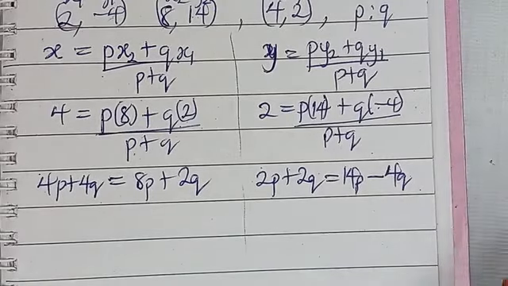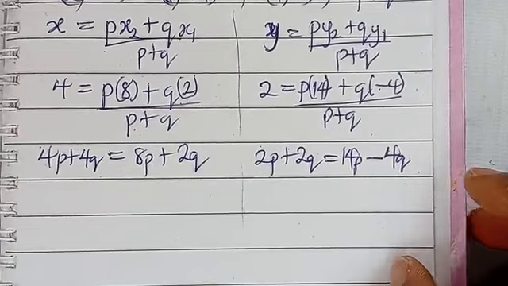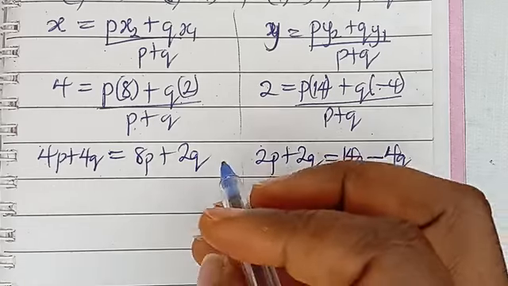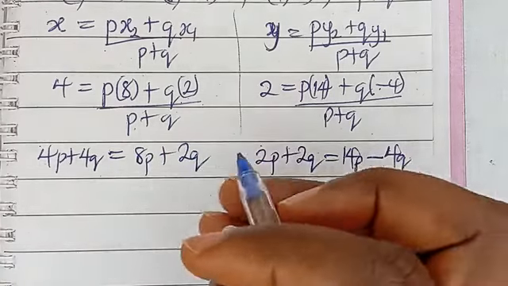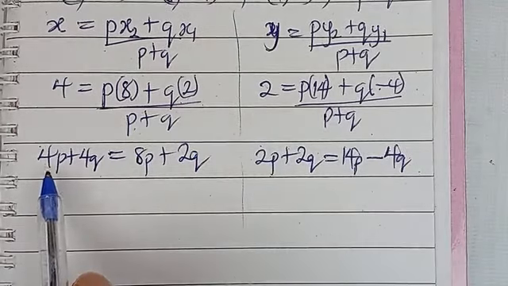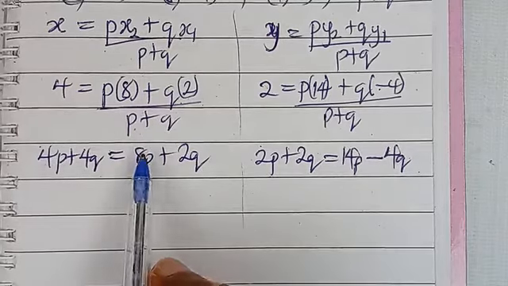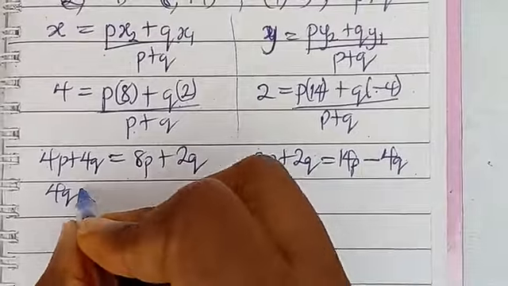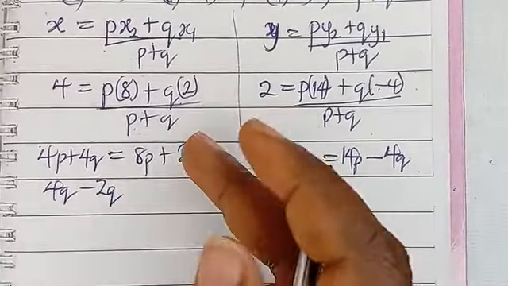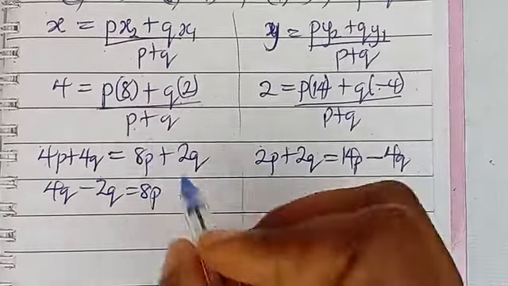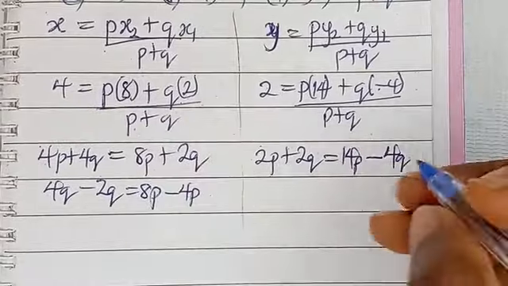Okay, right now we are going to collect like terms. I'll put p on this side because that's the side of the greater p. So we have 4q minus 2q, we collected the q's together, is equal to 8p, which is already here, minus 4p.